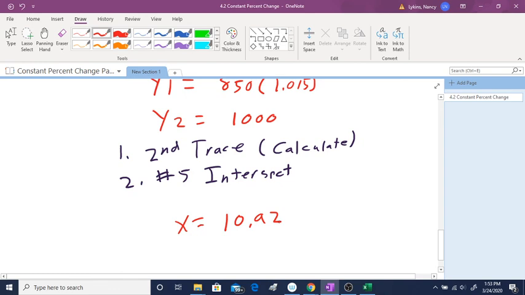Later down the road, I am going to show you how to do this by hand, but right now I'm just showing you how to do this by calculator. So this concludes this portion. I'm getting ready to work on the second portion of this, and you will hear from me here in a few minutes.